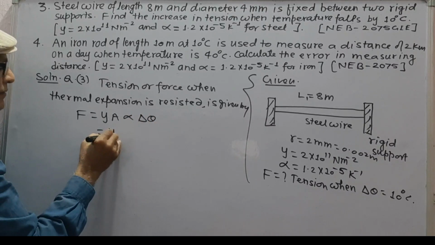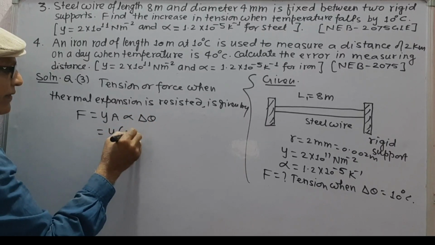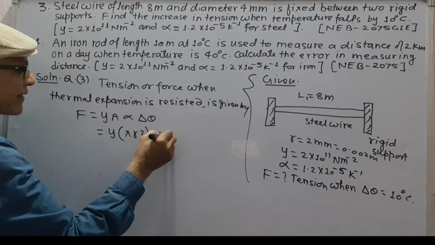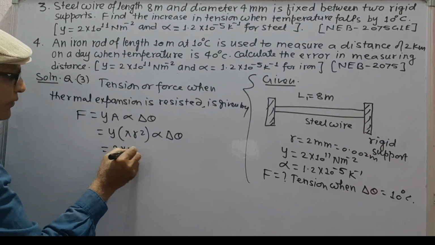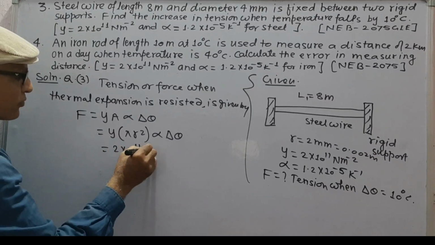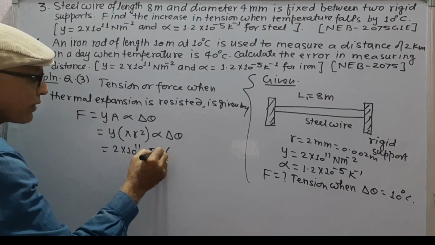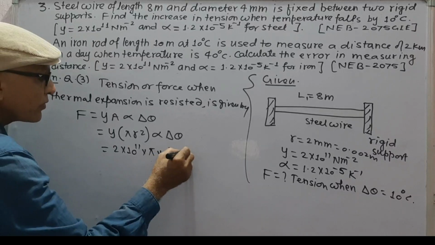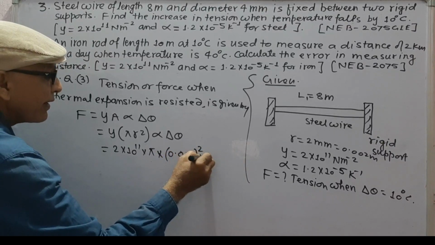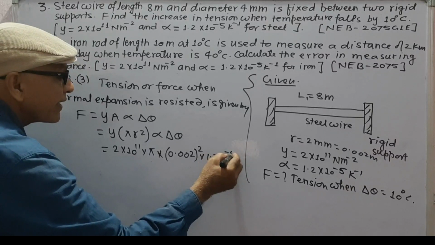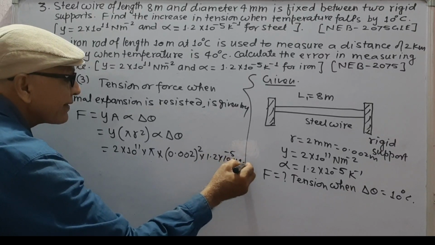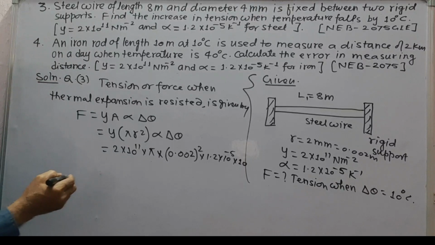This will be YA means pi r square alpha delta theta. Values are known: 2 into 10 to power 11 into pi into 0.002 square into 1.2 into 10 to minus 5 into 10, delta theta means 10.